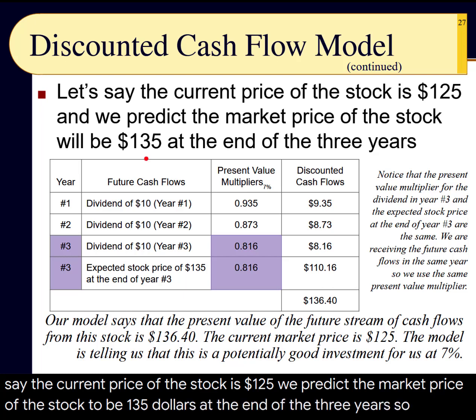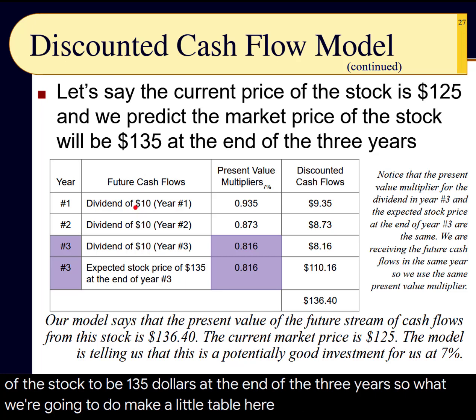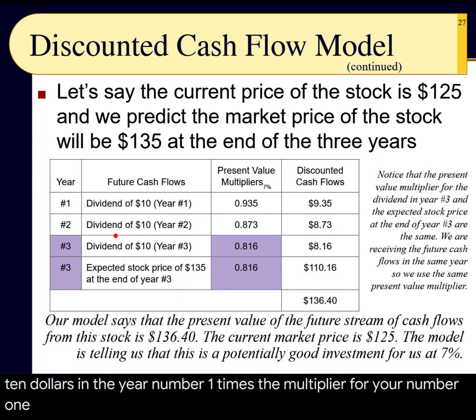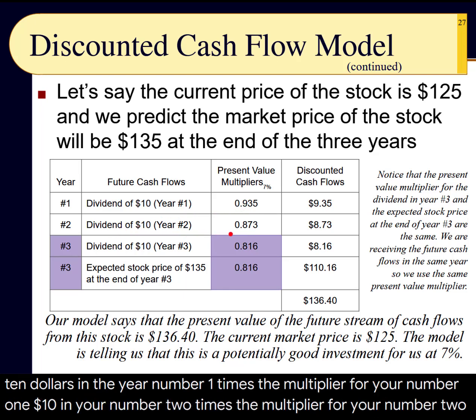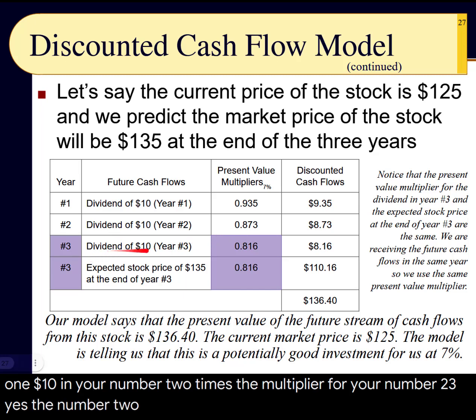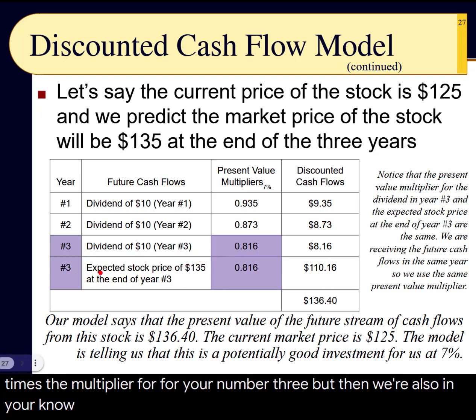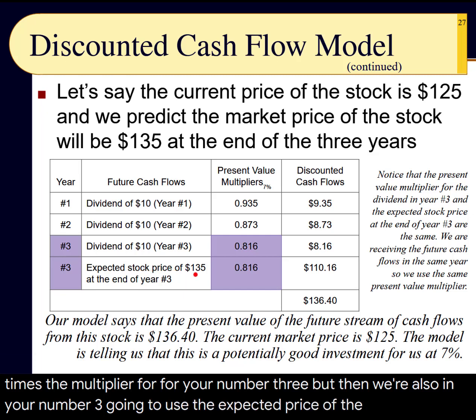So what we're going to do is make a little table here just to make it a little easier. $10 in year number one times the multiplier for year number one. $10 in year number two times the multiplier for year number two. And the dividend for year number three times the multiplier for year number three. But then we're also in year number three going to use the expected price of the stock of $135.